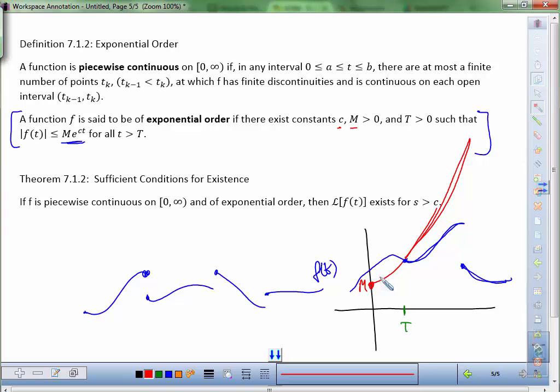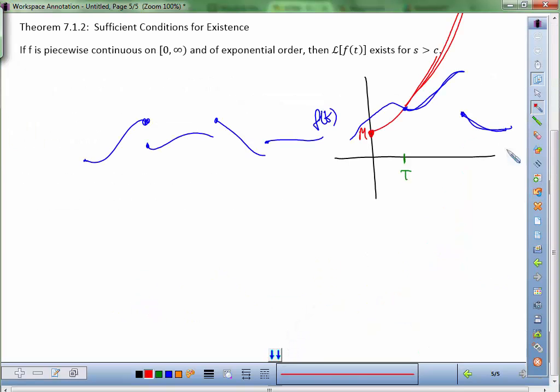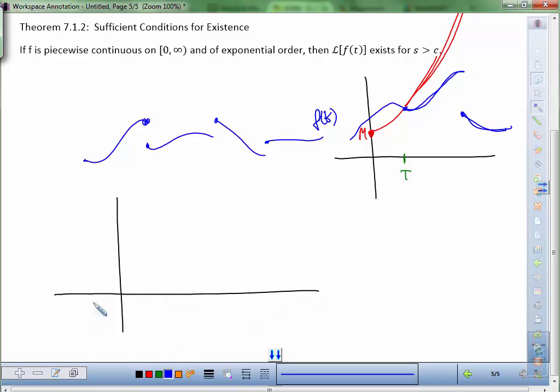And what they don't want you to have here is a function that's just going to keep going higher and higher and would grow faster than any exponential function that you can think of.